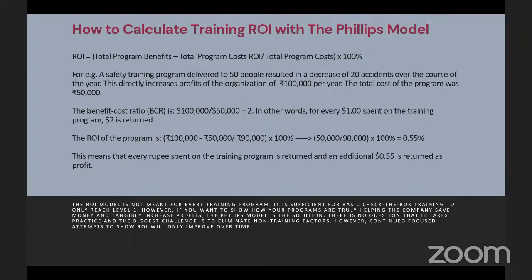So, the more you show the company that because of a particular training, this is the return you are getting on your investment, the more the company will also invest in your trainings, and it will be very helpful from a training perspective. Next slide, please.